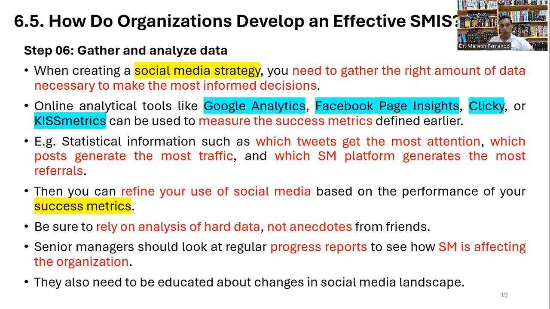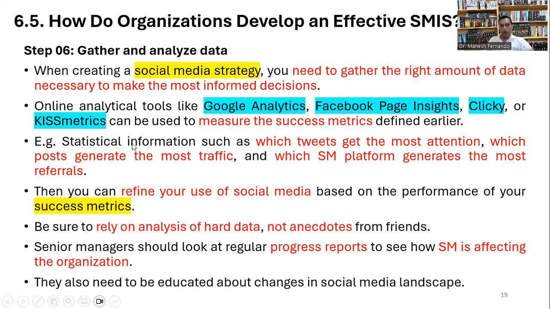Online analytical tools like Google Analytics, Facebook Page Insights, Clicky, or Kissmetrics can be used to measure the success metrics defined earlier. Google Analytics and Facebook Page Insights can give you facts about the users of social media.